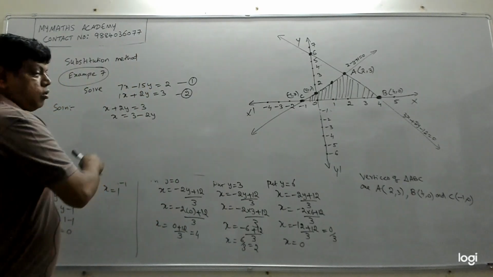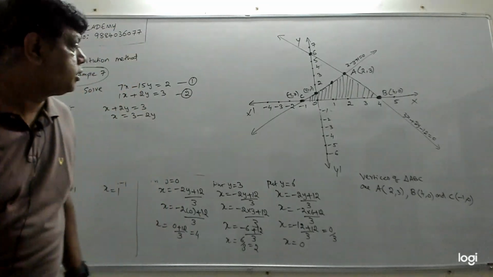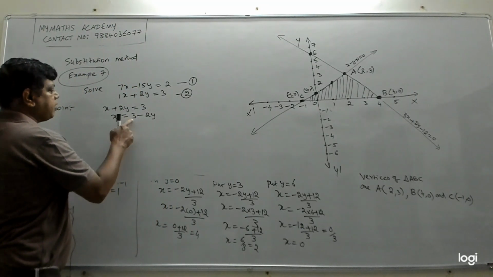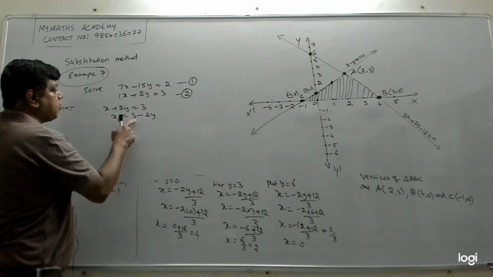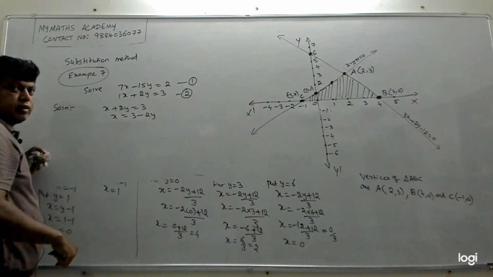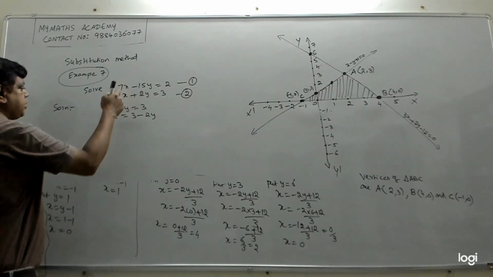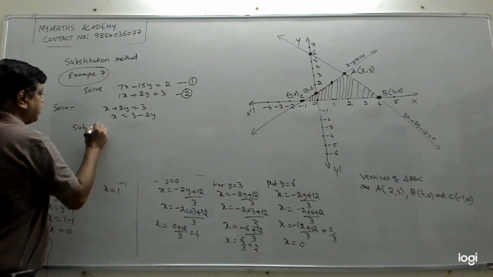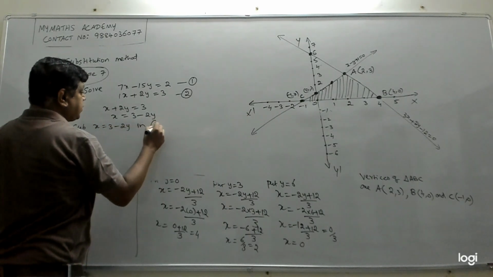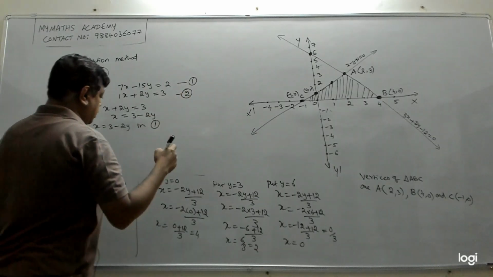Fine. So now we should substitute the value x is equal to 3 minus 2y, which we got from the second equation, into the first equation. What is our first equation?